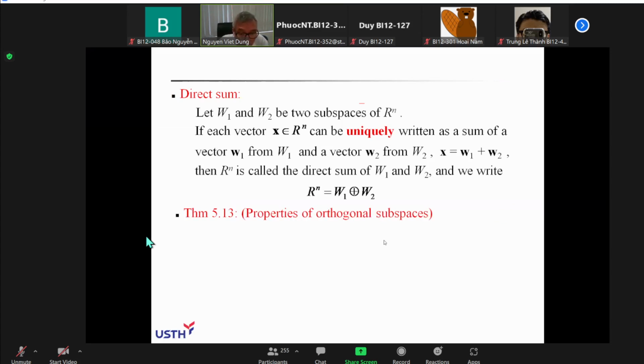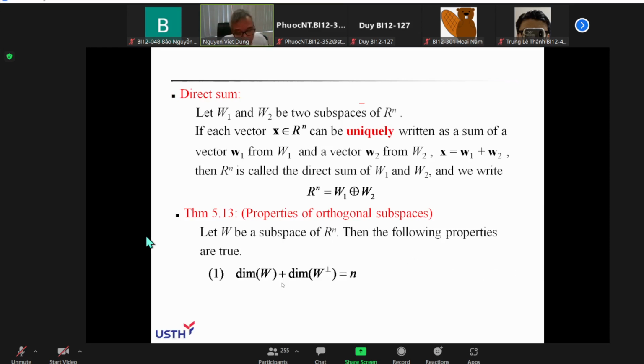Here are some properties of orthogonal subspaces. For W any subspace of Rn, we have the following properties. The first one: the dimension of W plus the dimension of W perpendicular equals n.